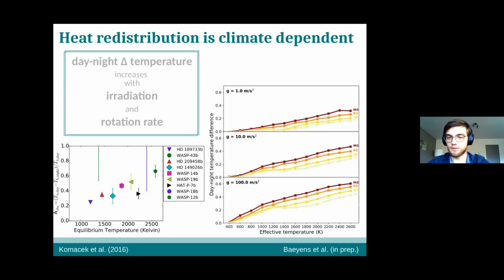Now, we can also do it for the models in our grid. And then you can see the same thing: if the effective temperature increases, the day-night side contrast increases as well. This is plotted again for the different stellar types. You can see consistently the M types are at the top, which means the fast rotators are there. So then the contrast increases as well.